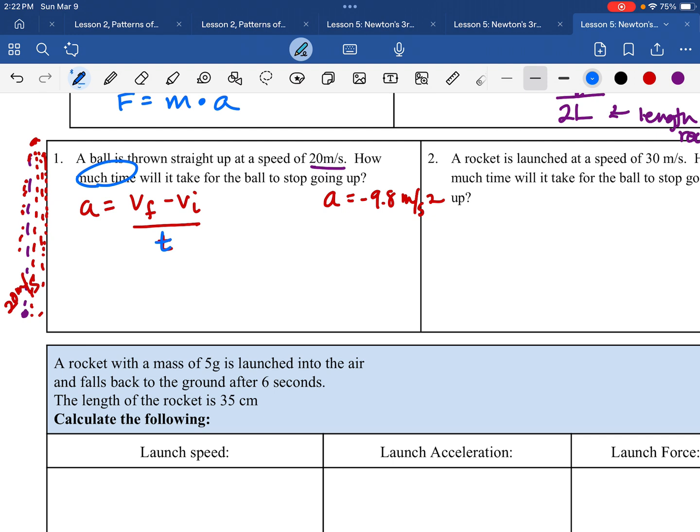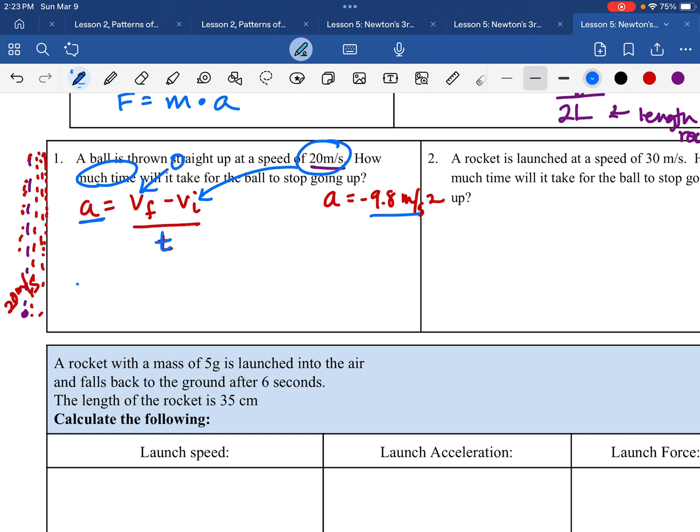We know the initial speed, 20 meters per second. And actually, we know the final speed too. The final speed is right up here. How long will it take for it to stop going up? The final speed is going to be 0, right? Because it's going to be stopped right at the top before it starts coming down. And then we also know the acceleration due to gravity. It's negative 9.8. So let's plug all that in.